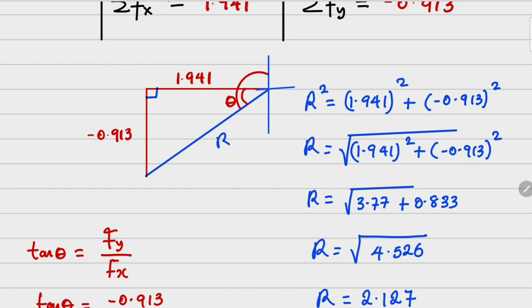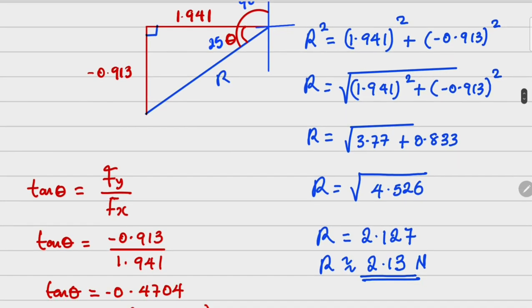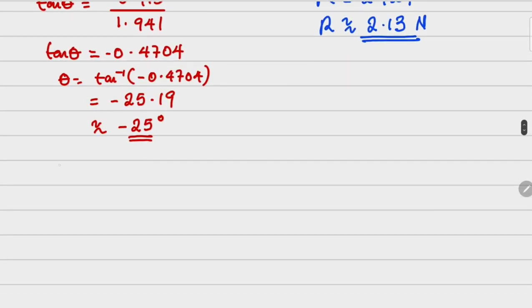But remember, we've already calculated this to be 25, but this is 90. So therefore the direction is 90 plus 25, which is 115 degrees.